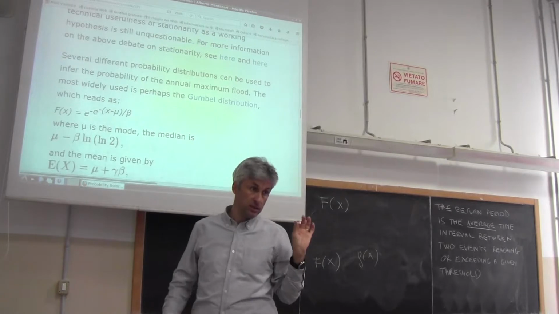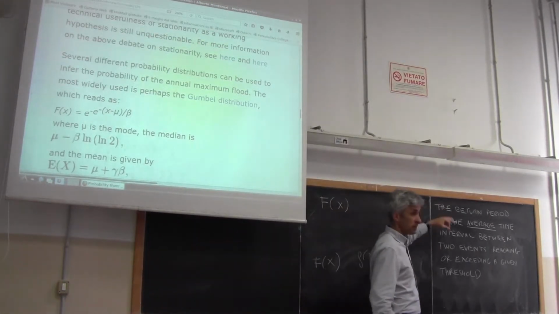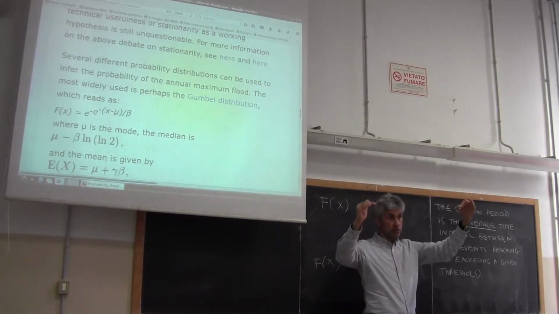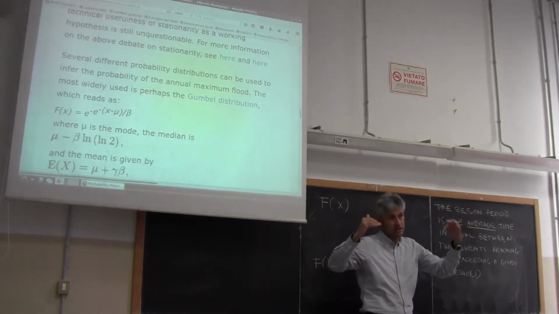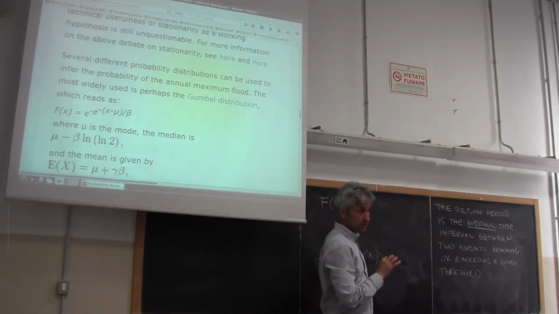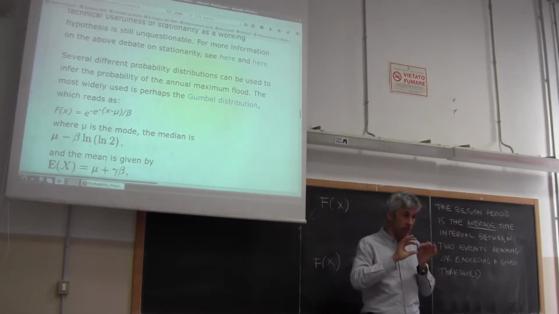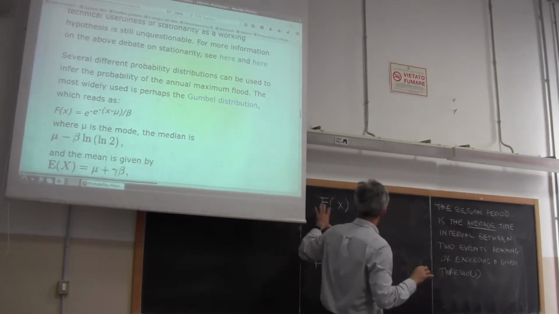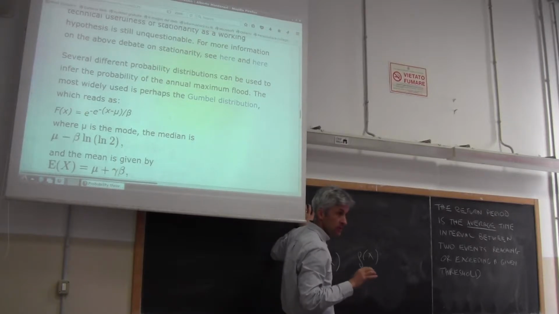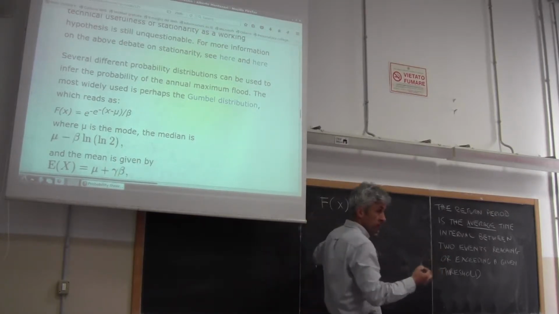Let's suppose that we indicate the probability of an event as capital Fx, the probability of not exceedance, because we are talking here about reaching or exceeding the threshold, which is the same thing as saying that we don't exceed the threshold. I mean, they are complementary. So the probability of not exceedance is complementary to the probability of exceeding.